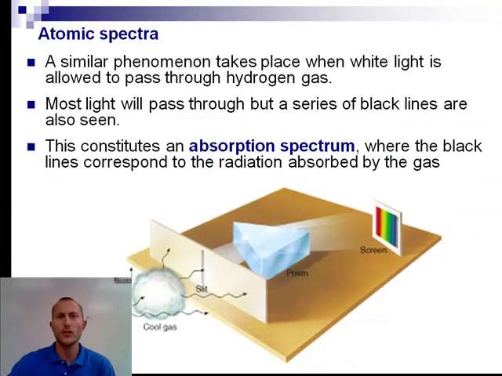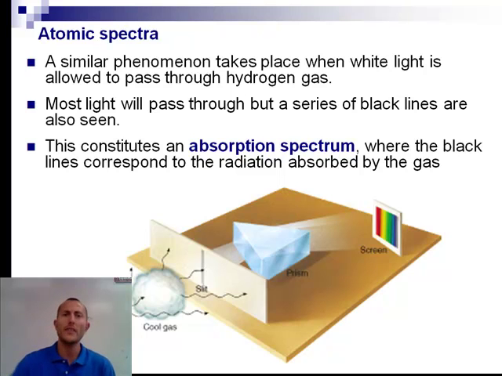Now, in addition to emission spectra that we see when gases are excited, whether by excessive heat or electricity, we can also get what we call absorption spectra. And absorption spectra are actually the inverse of emission spectra.